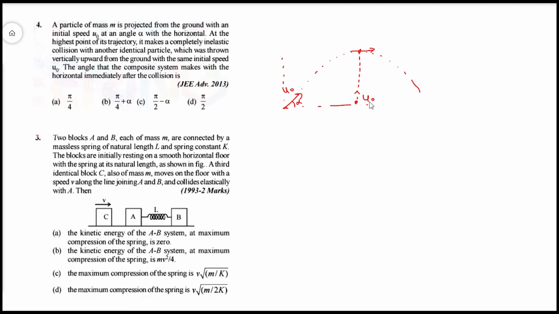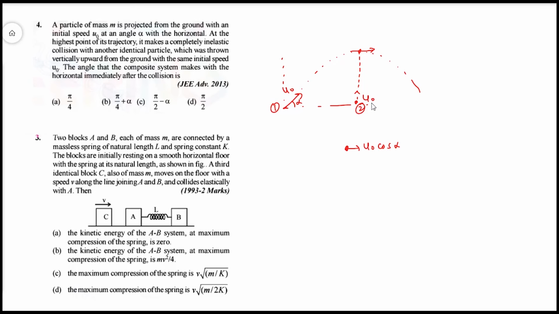Okay, so at this point, even if the collision is inelastic, you can say the momentum of the system will remain constant. Just before the collision, the first particle is moving with a speed of u0 cos alpha.